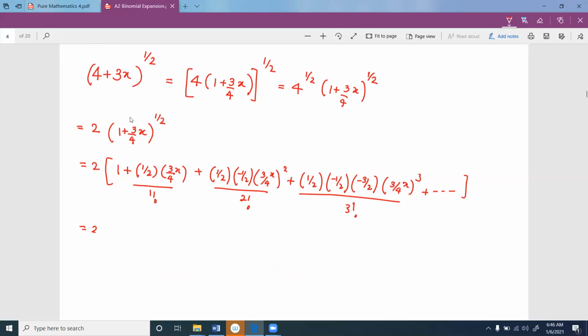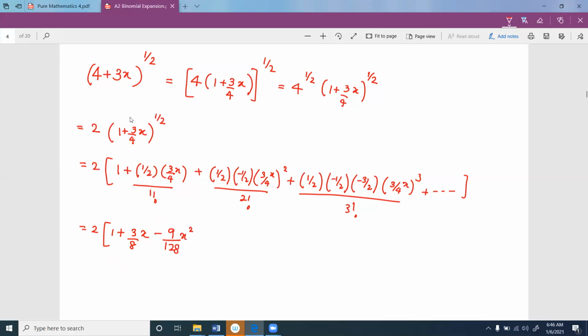It turns into 2 times 1 plus, on operating, 3 over 8 x. And operating the next term, it turns into minus, half into minus half into 3 over 4 squared, that is 9 over 16. That answer has to be divided by factorial 2. The answer is minus 9 over 128 x to the power 2.